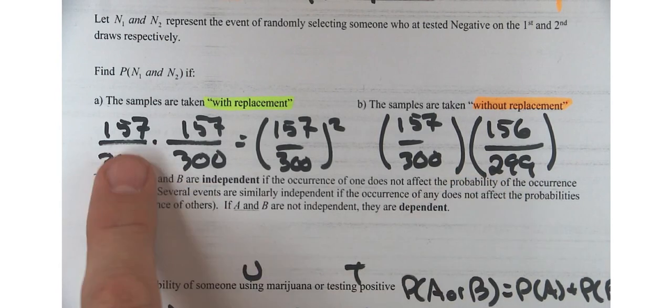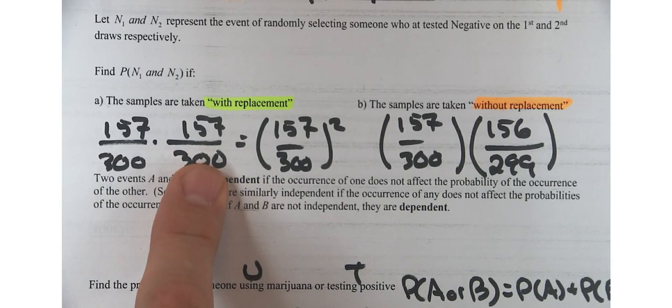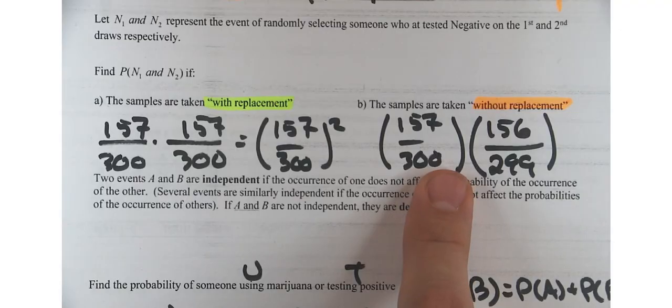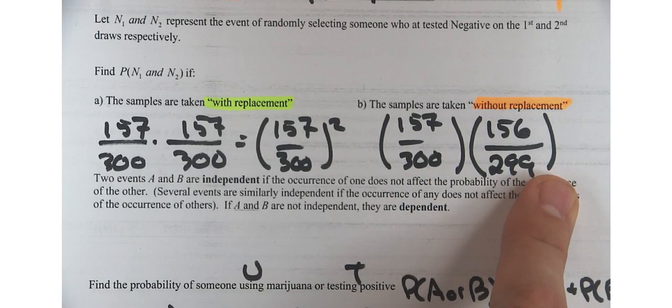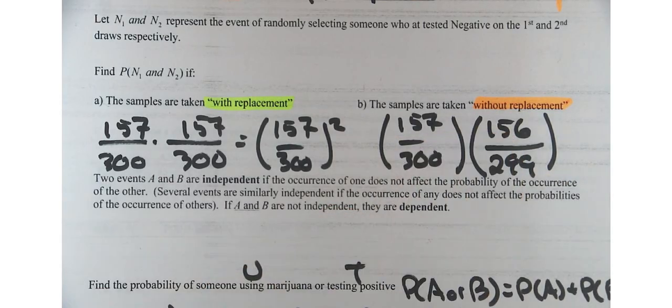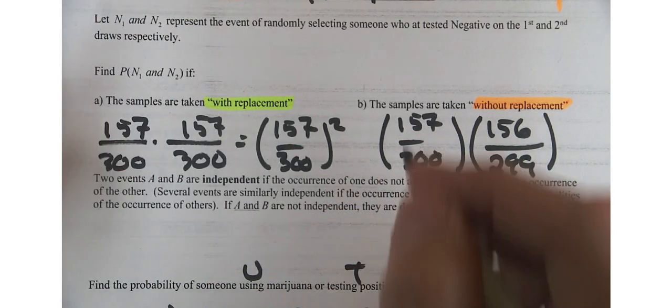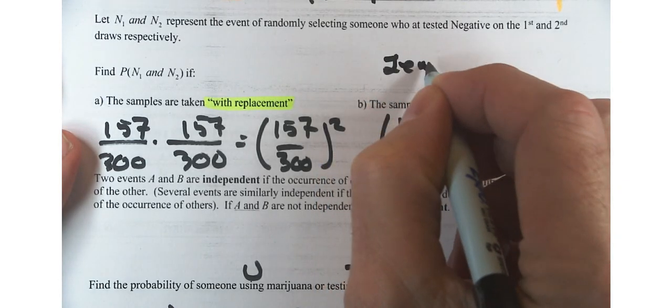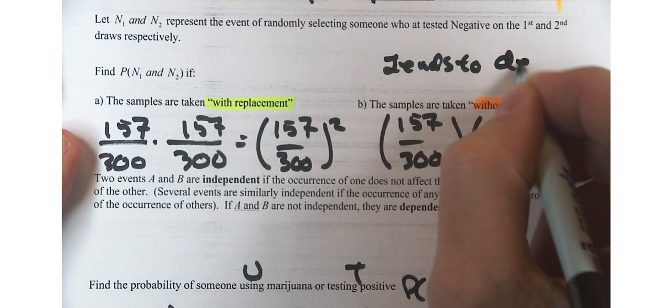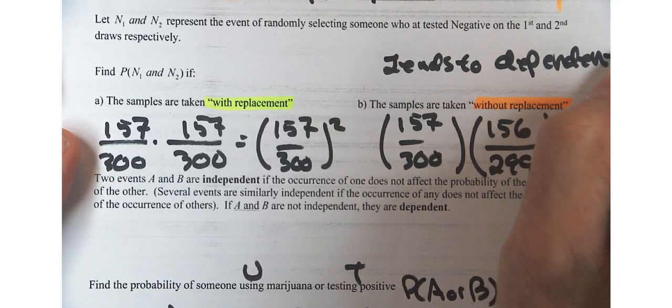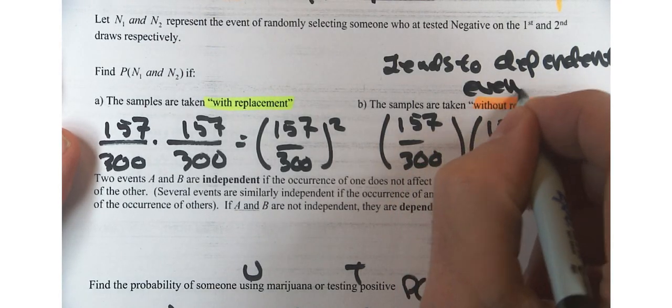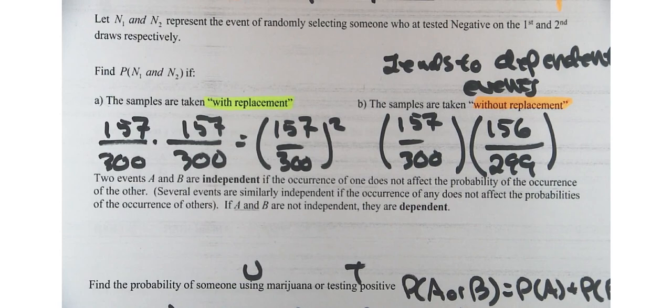Because once you draw this one out and you look at it and you put it back in, the probability of drawing a second one out hasn't changed, right? Here, when you draw the first one out and you don't put it back in, that probability is different. So sampling without replacement leads to dependent events. And sampling with replacement leads to independent events.